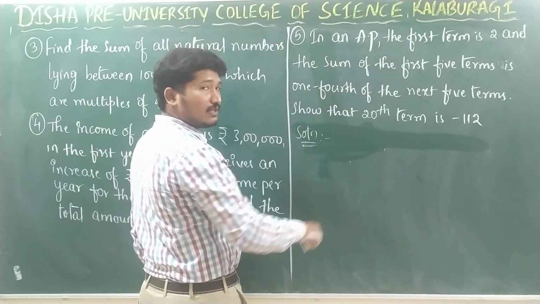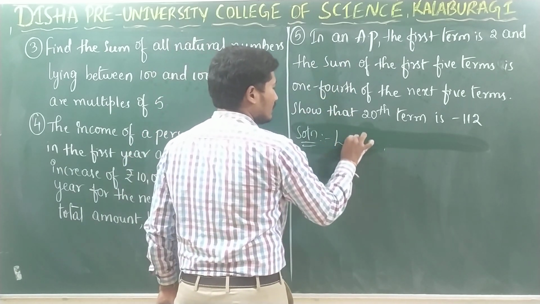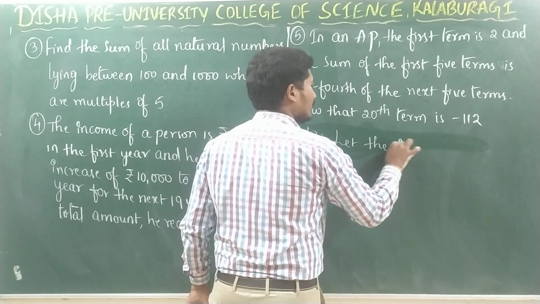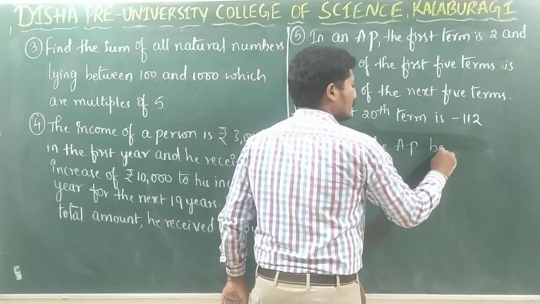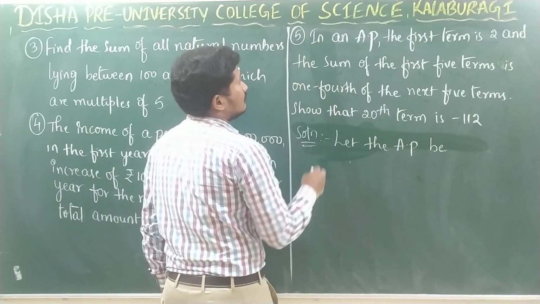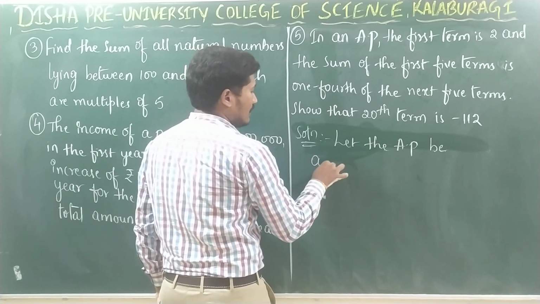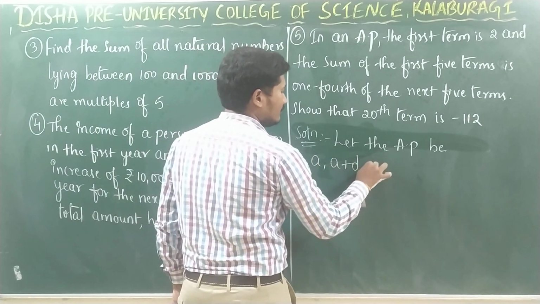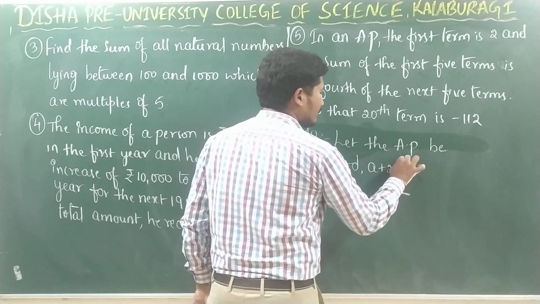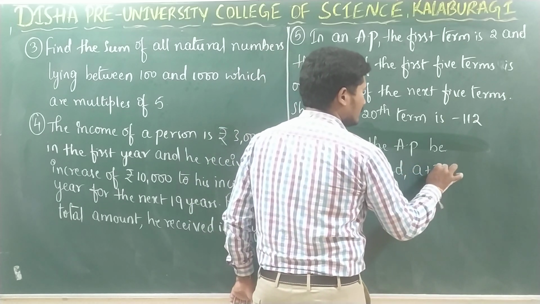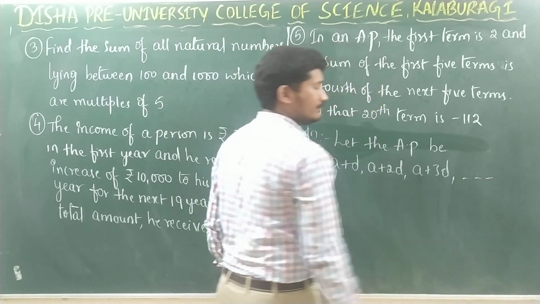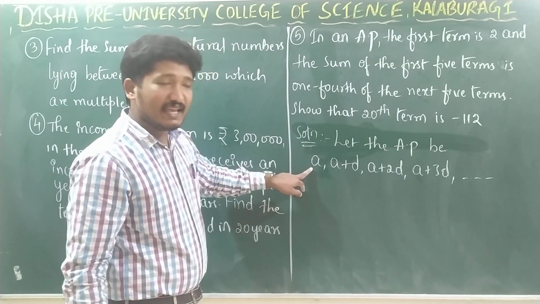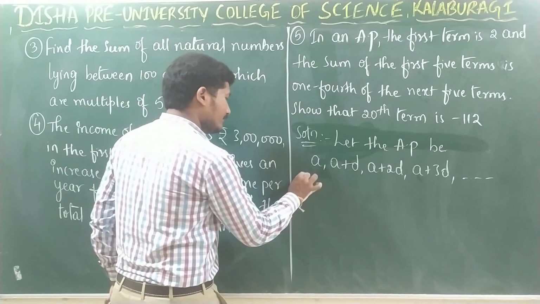Let us consider the arithmetic progression. I will consider the standard form a, a plus d, a plus 2d, a plus 3d, and so on. So here a is what? The first term.